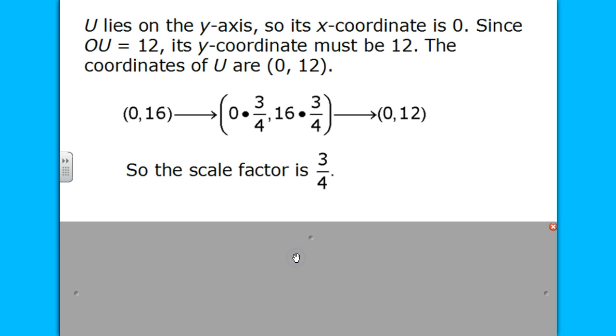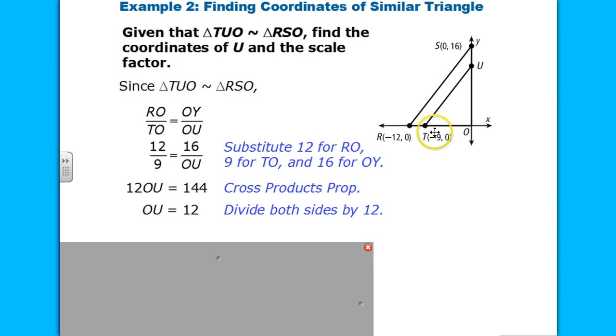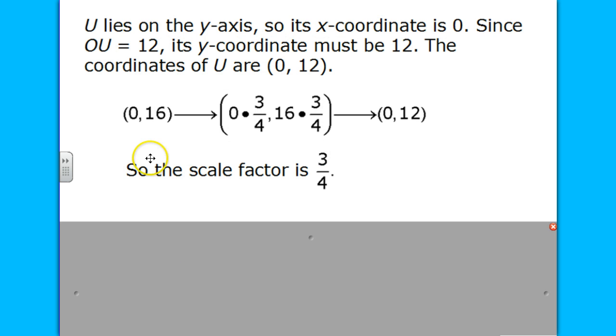And going from -9 to -12, we would actually be going the other direction, wouldn't we? 4/3. Depends on which direction you're going. They're going from 0, 16 to 0, 12, so it would be 3/4. You said 1 1/3, but you were going the opposite direction, which is true.